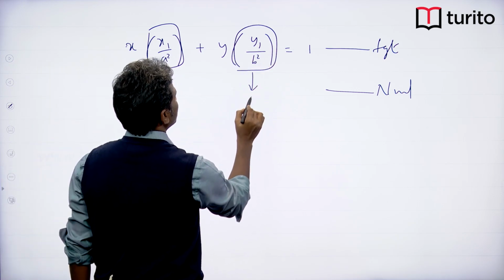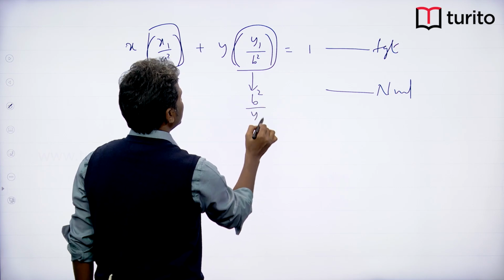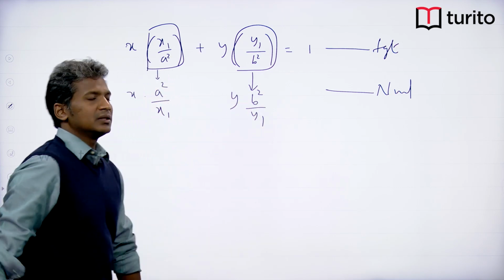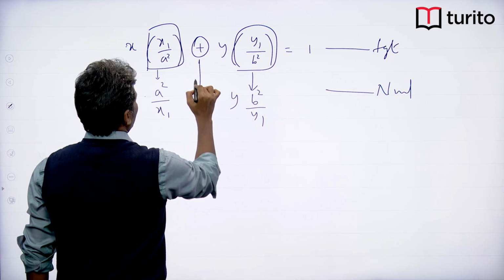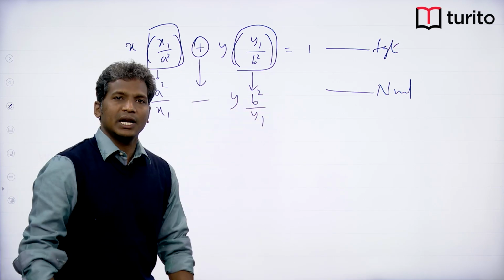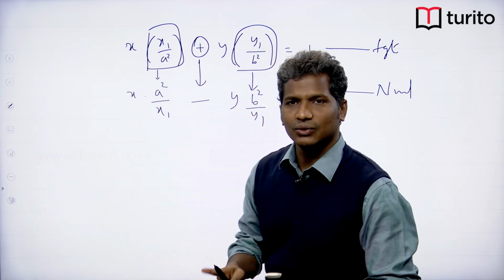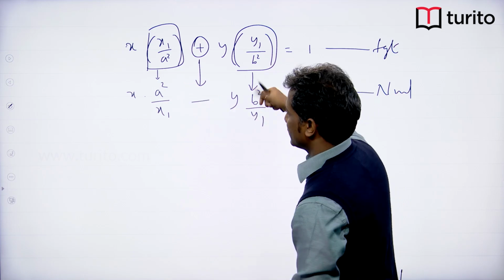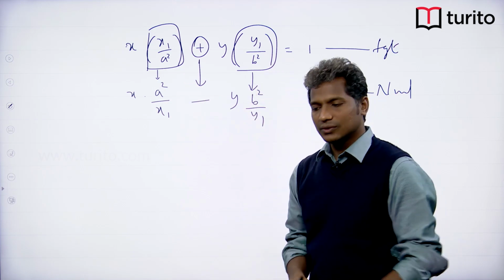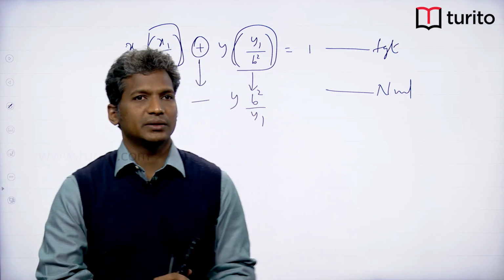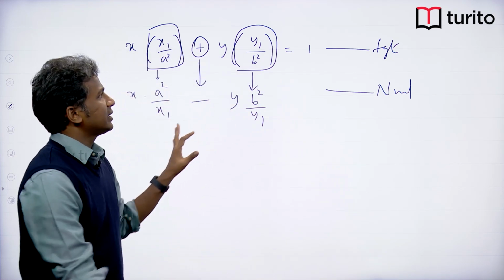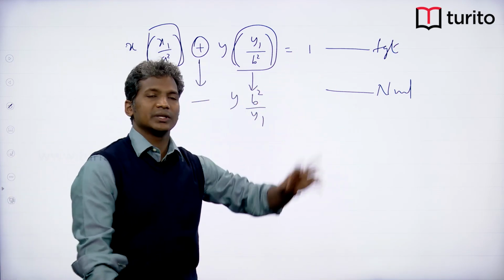If I flip this number, I will get b square by y1, and there is y here. Now, flip the sign also, and it becomes the normal. So, we just have to flip these coefficients and flip the sign. This pattern is called the flipping pattern. If you remember the flipping pattern, you can easily remember the normal.